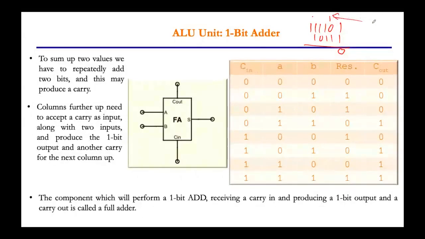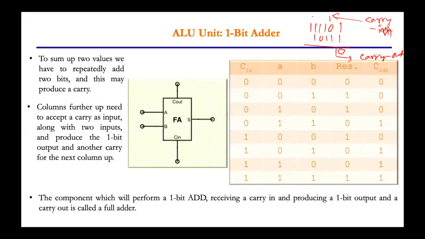We set this as the carry. When we do this operation for the second bit position, whatever result came here, that is 1 0. So this we call the carry. This is also a carry. We call it the carry out. So this carry out is given as the carry in.